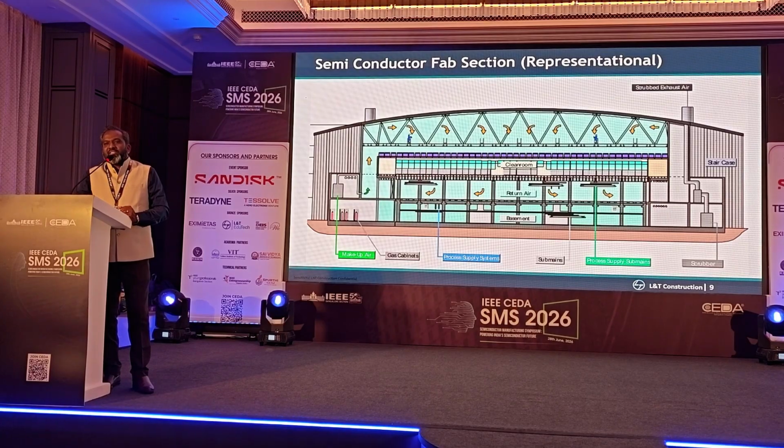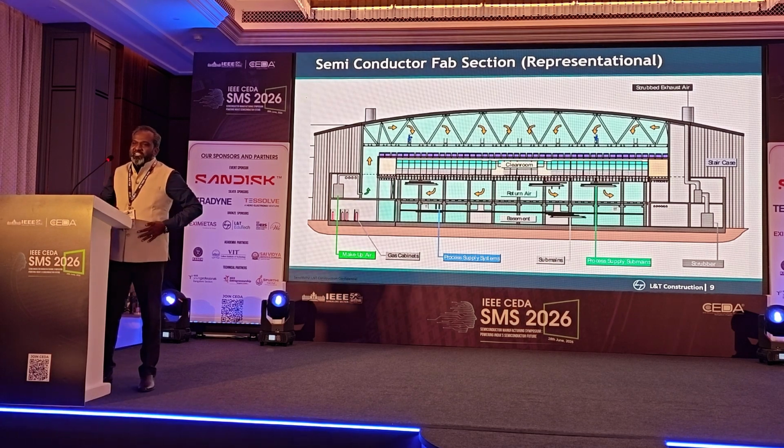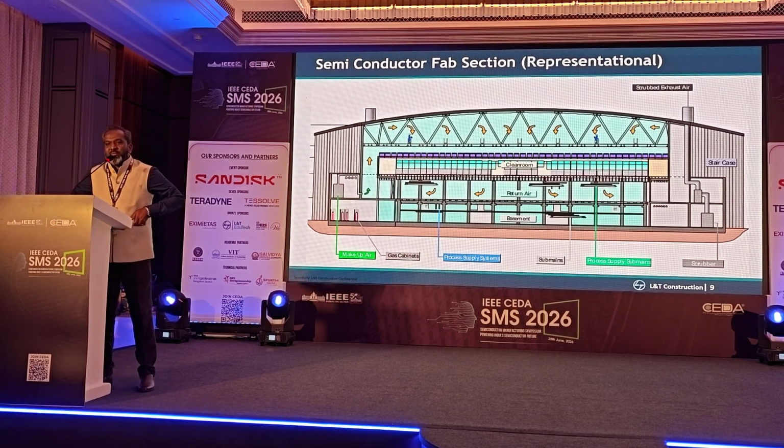All the equipment which was discussed in the morning sessions is placed in this clean tool room. For a 50,000 wafer per month fab, the area of this is 32,000 square meters. You need to be careful with the units I'm talking about.